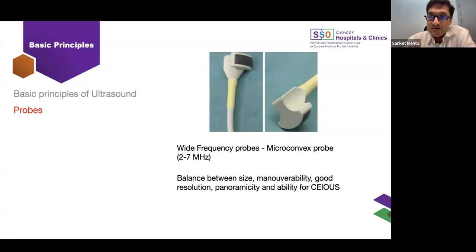Of course, the best in class probe, in my opinion, for open surgery is this microconvex probe, which was developed again by Fujifilm. This is a very wide frequency probe with a 2 to 7 megahertz range. It has also got excellent panoramicity.